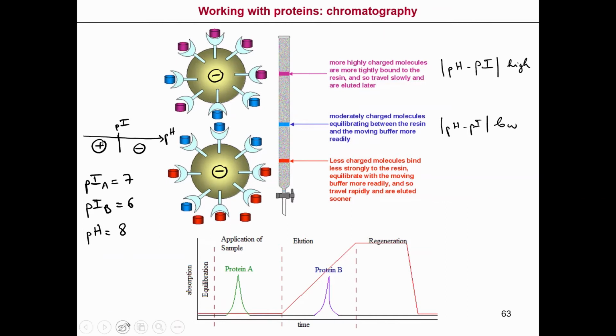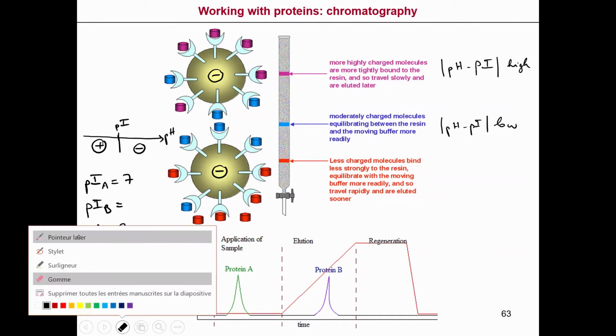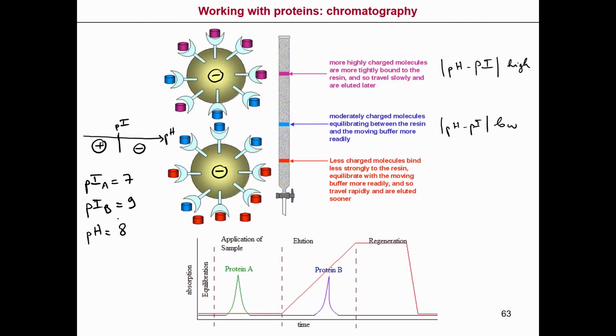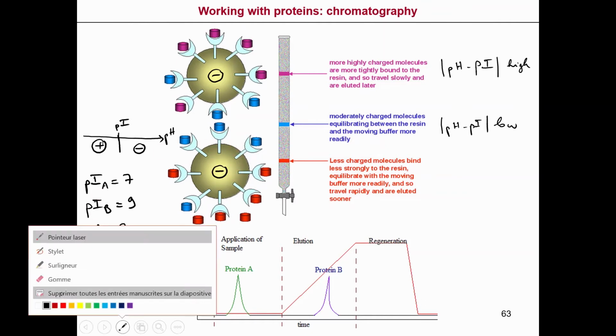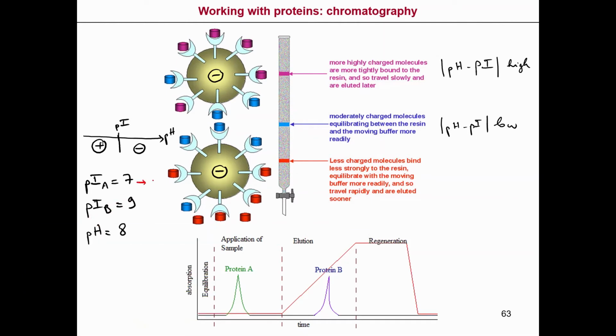Let's say 9. Sorry. So we have beads which are negatively charged. We said that protein A is negative, right? And protein B, sorry, I changed the example, it's positively charged. Okay, correct?